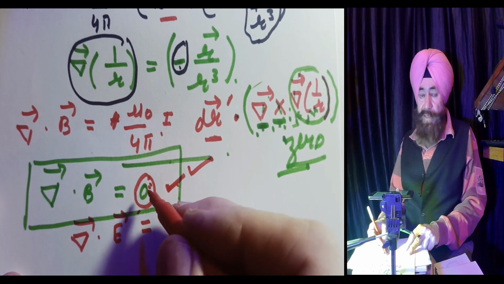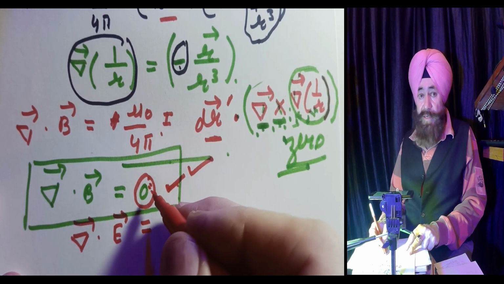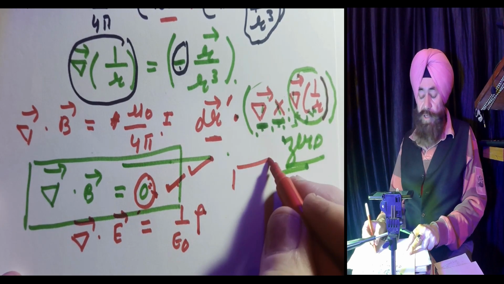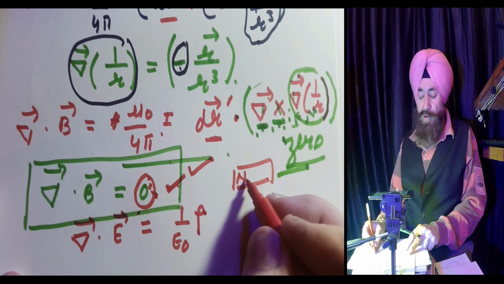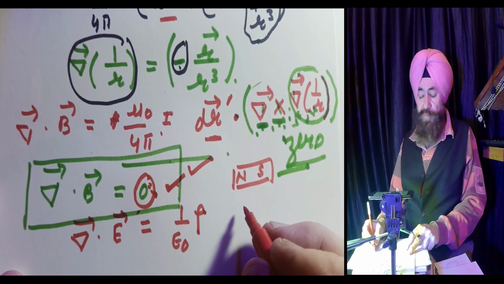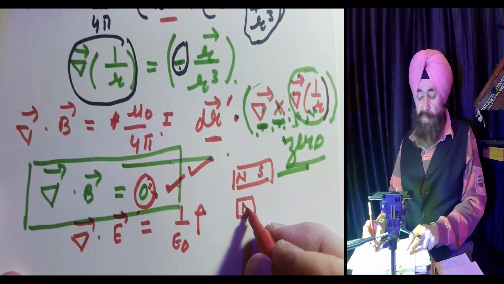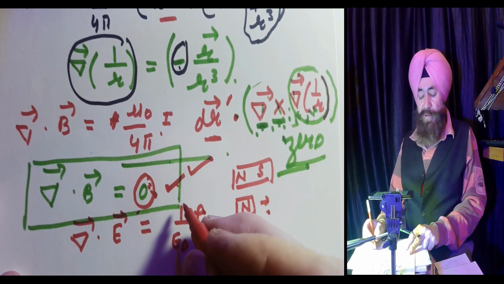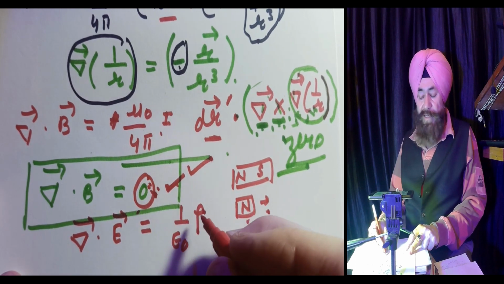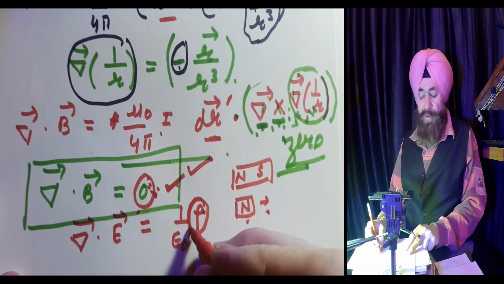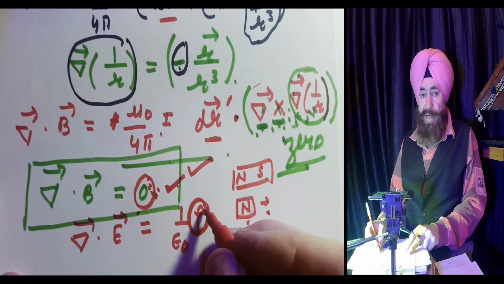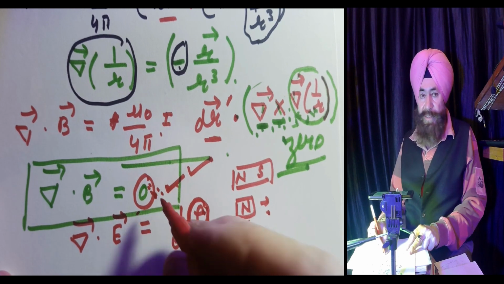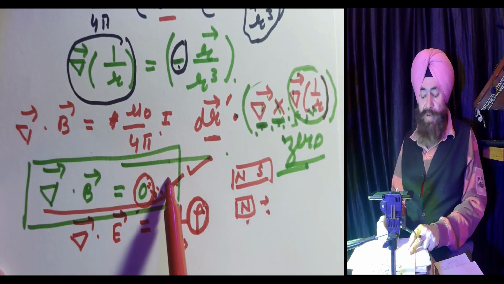In magnetism, we do not have a single magnetic pole. You always find a dipole, north pole and south pole. A single pole in magnetism does not exist. So that's why magnetic pole density does not exist, and the divergence of B is 0.